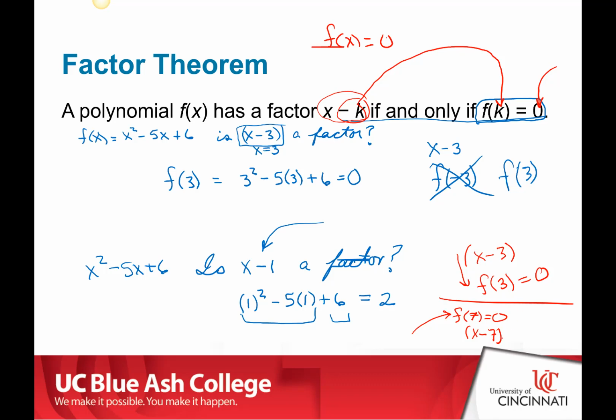If we know that x minus 7 is a factor, can we then figure out what the polynomial looks like with the x minus 7 factored out of it? How would you do that?